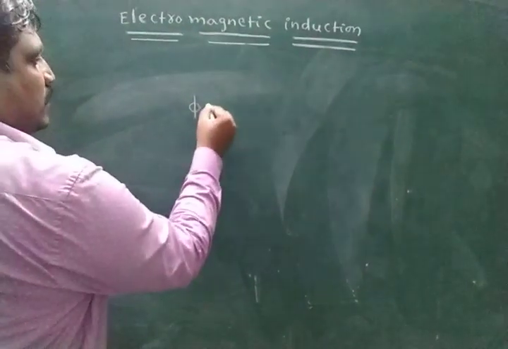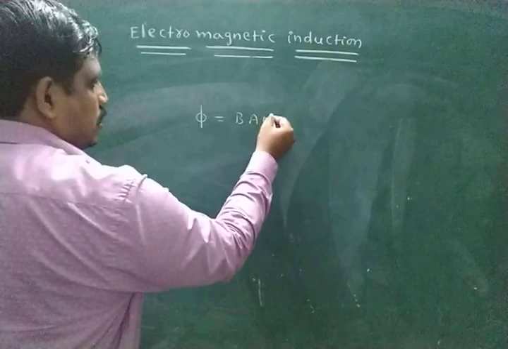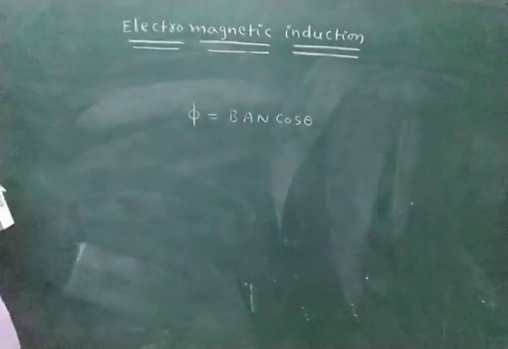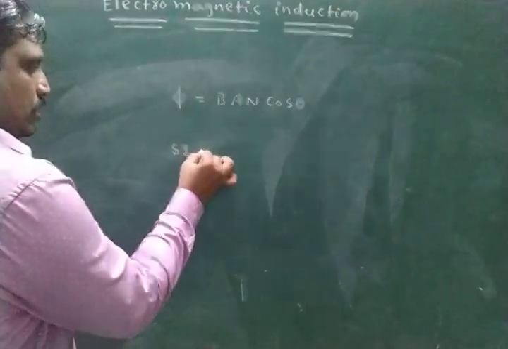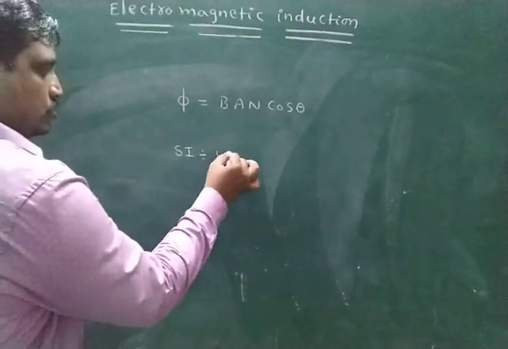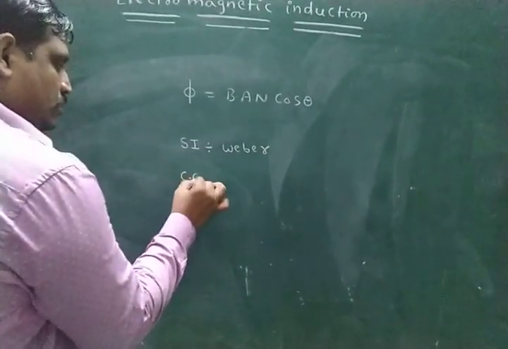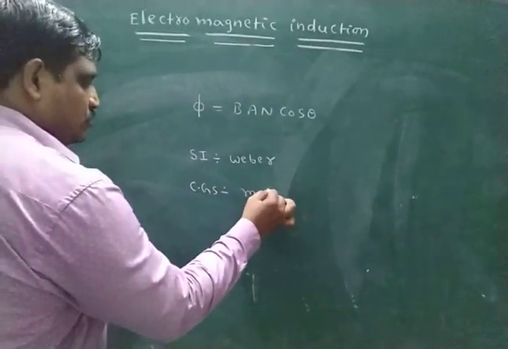What is the flux formula? BAN cos theta. The SI unit of flux is, look here, Weber. What is the CGS unit of flux? Maxwell.